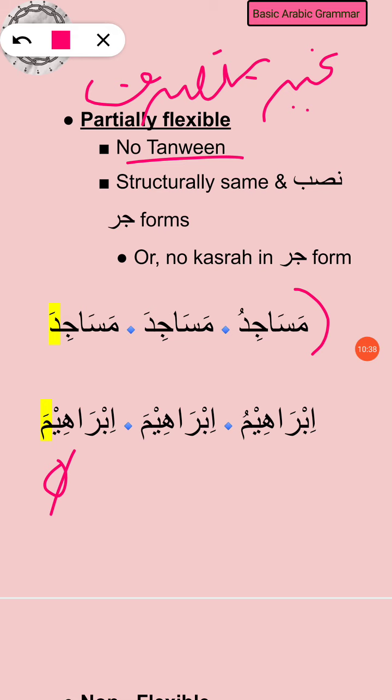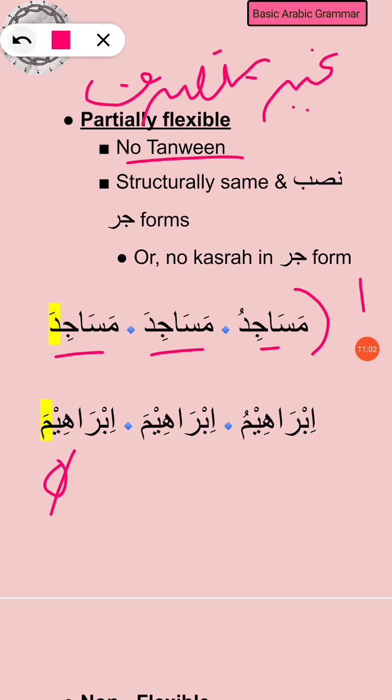So masajidu rafa, masajida nasab, masajida jar. Just to connect it with the previous lesson, if I add al to it, it would be al masajidu, al masajida, al masajidi. So this was the link with the previous lesson.